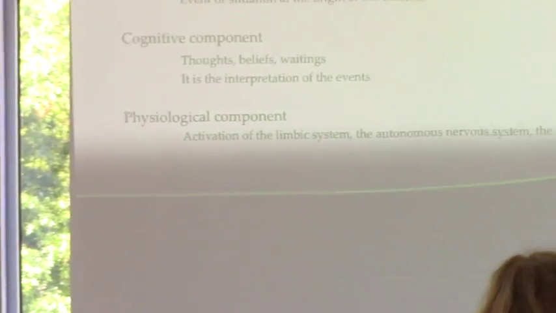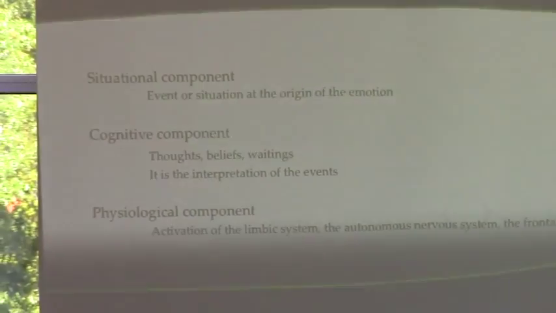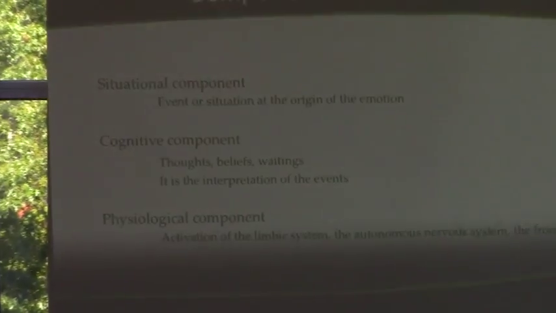So the component of the emotion is three components: situational component, event of our situation at the origin of the emotion, and cognitive component, truth, belief, weighting. It's the interpretation in the event.